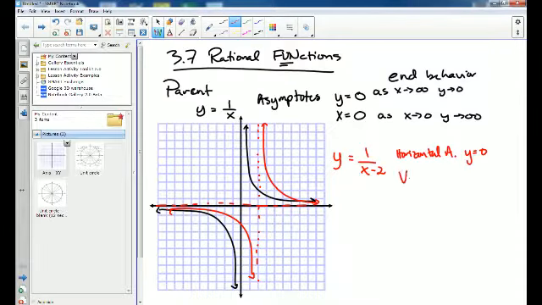And our vertical is x equals 2, because the denominator 2 minus 2 is 0, right? So vertical asymptotes are much more straightforward than horizontals. Does the negative 2 go under the fraction? The negative 2 is with the x, right? Correct, it's paired with the x.